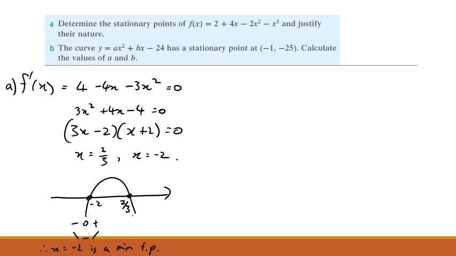And then for 2, we have positive, 0, negative. So then at x equals 2, we have a max.